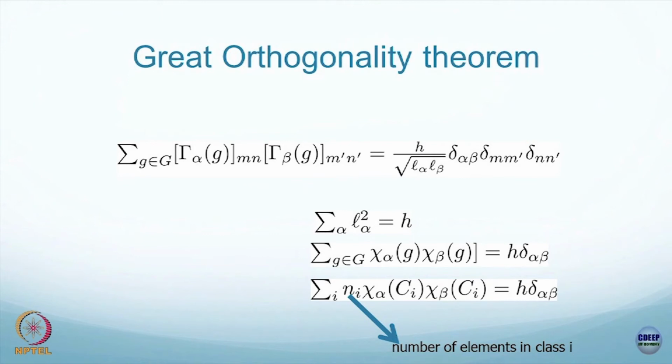And L alpha is the dimension of an irrep alpha, L beta is the dimension of the irrep beta. This condition I have already said in the previous slide about the postulate, and now you have a condition in terms of characters, which is what you verified. You multiplied these two and it was orthogonal. You can square this and sum it up, and that adds up to be the last equation.